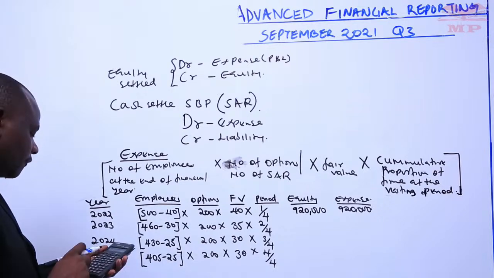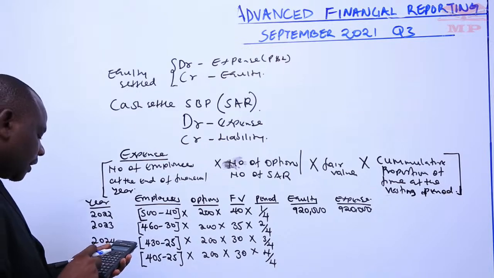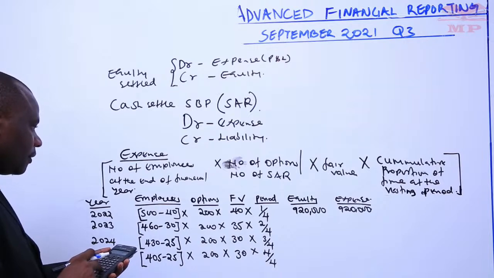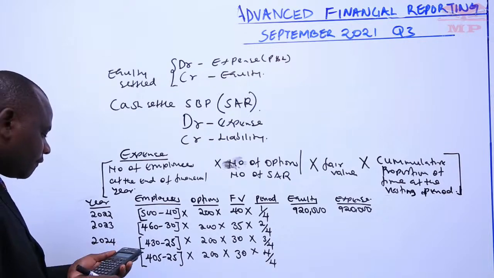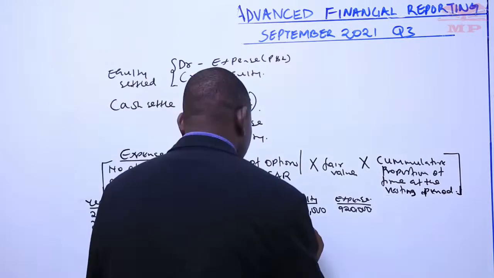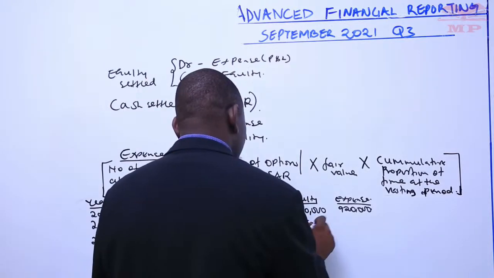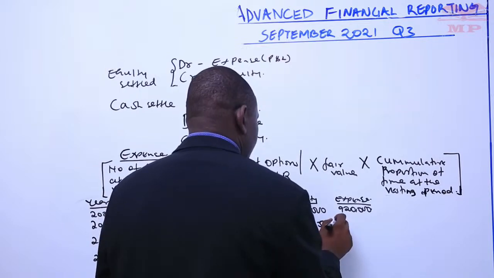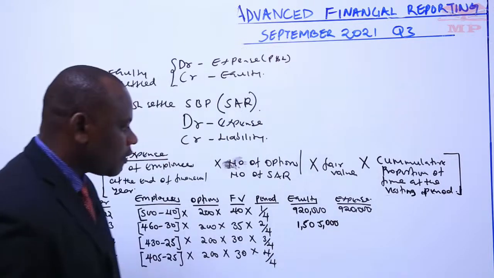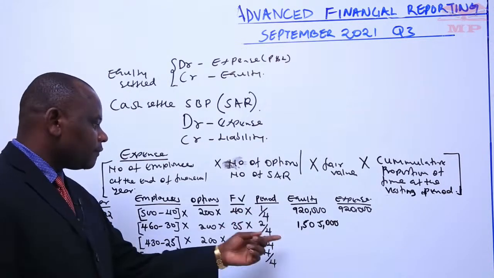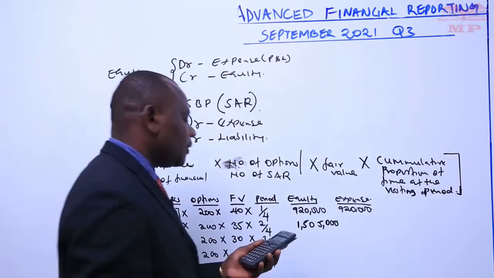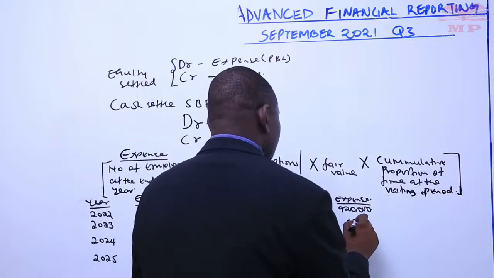Then 460 minus 30, that is 430, times 200, times 35, times 0.5. That is 1,505,000. The expense that we need to account for is, because it is cumulative, we should be taking 1,505,000 minus 920,000, because expenses accrue in the given financial year.